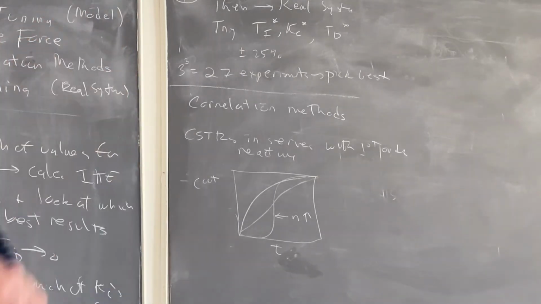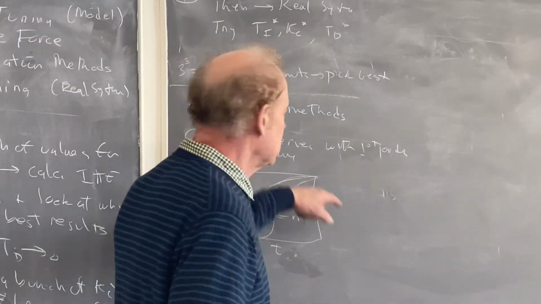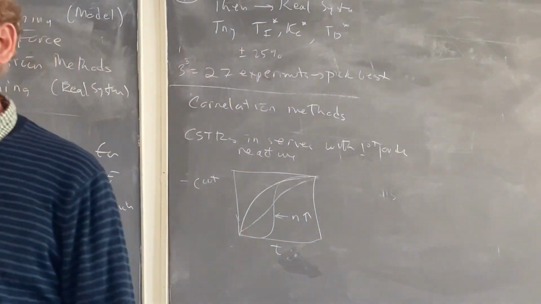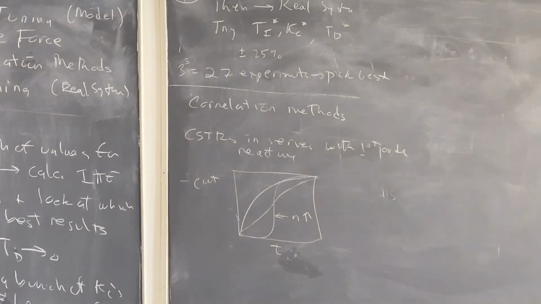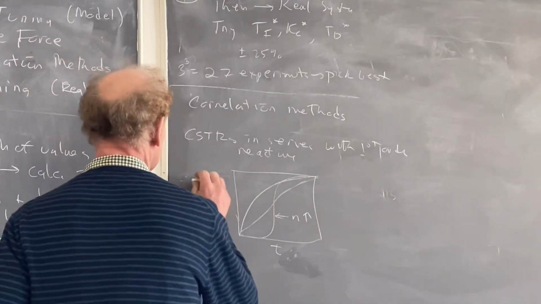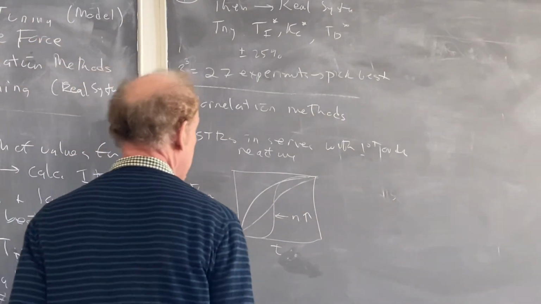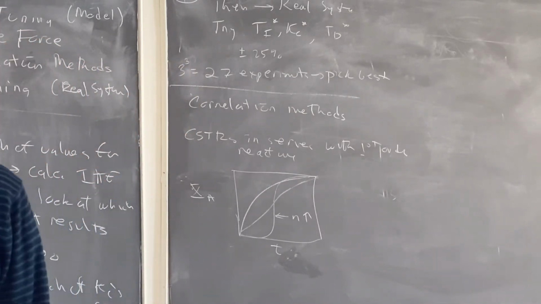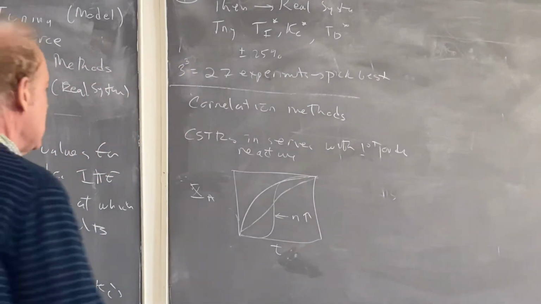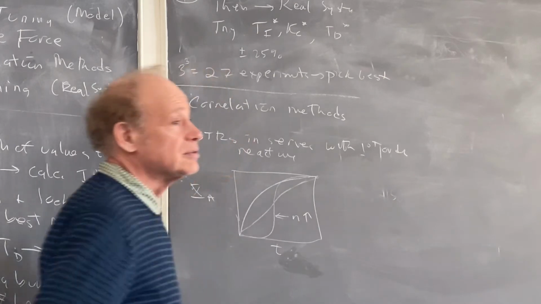So if I have one CSTR, it just looks like this for a first order reaction, A goes to B, and I'm looking at the conversion XA. As I go to more and more reactors, it starts looking more and more like this.